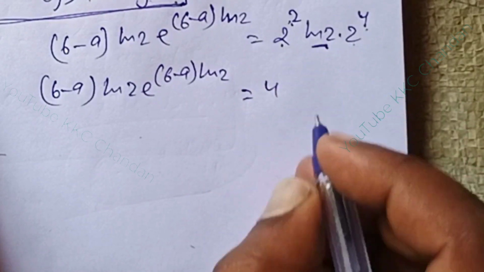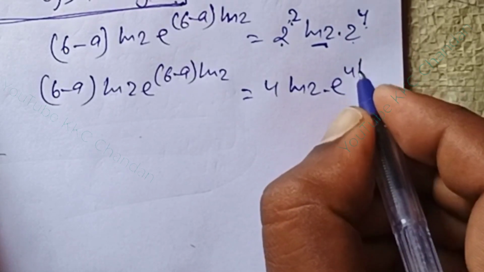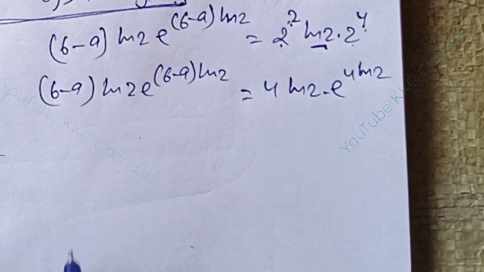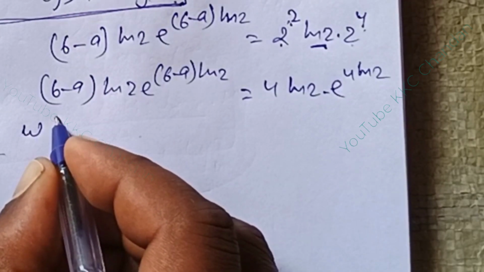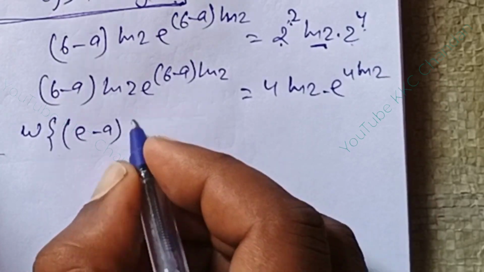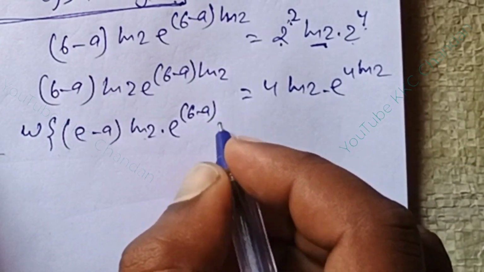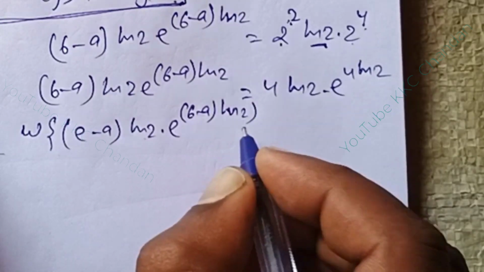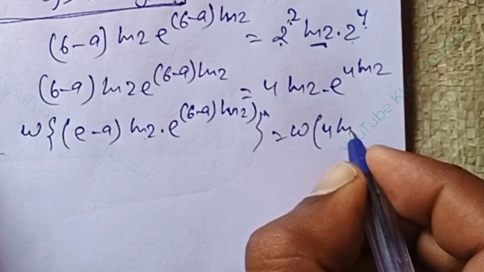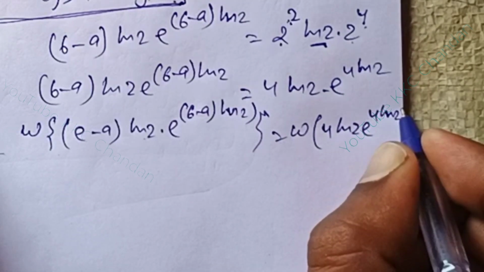4 ln 2 into e power 4 ln 2. In the next step, apply the W function, bracket open, again open, 6 minus a into ln 2 into e power 6 minus a ln 2, bracket close, W function, bracket on 4 ln 2 e power 4 ln 2, bracket close.